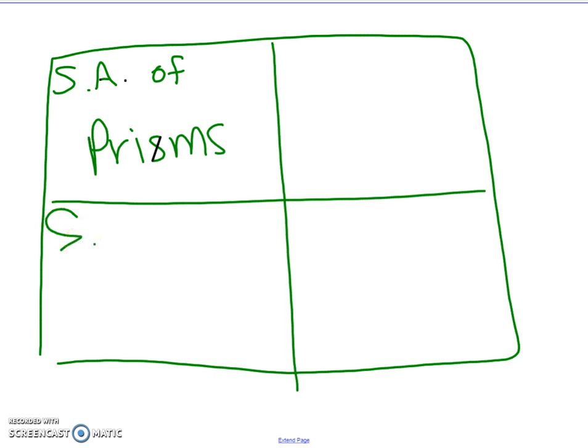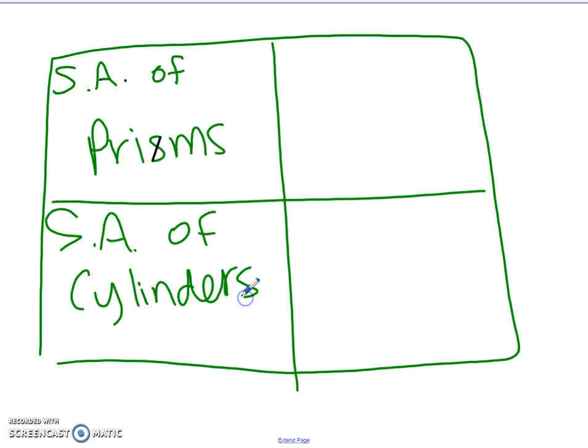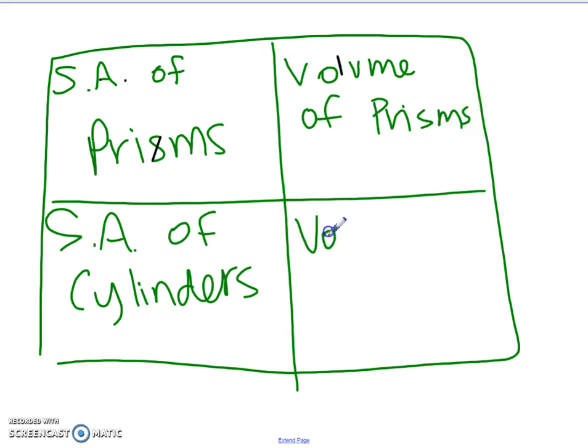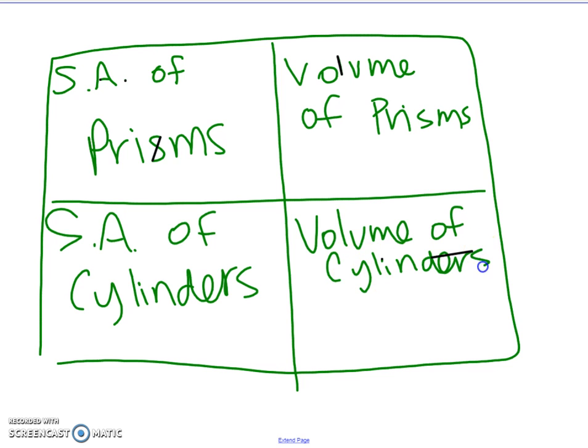And then this is surface area of cylinders. Don't make it this big. You fixed it right. This is volume prisms and volume of cylinders. So we're putting examples in all these things, so you have examples to look back on.